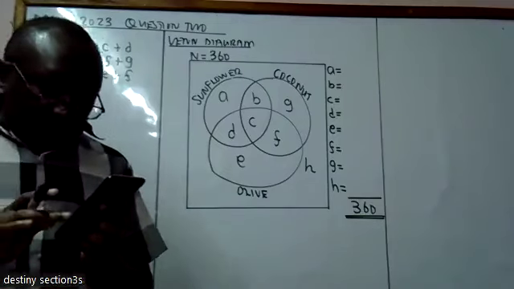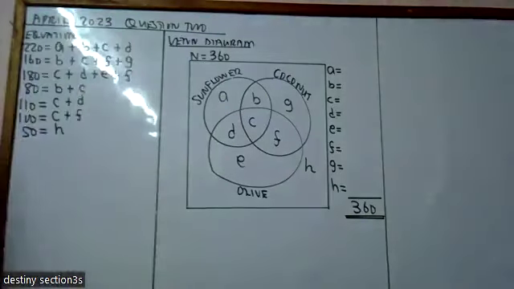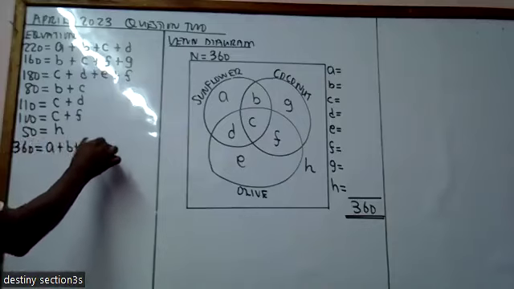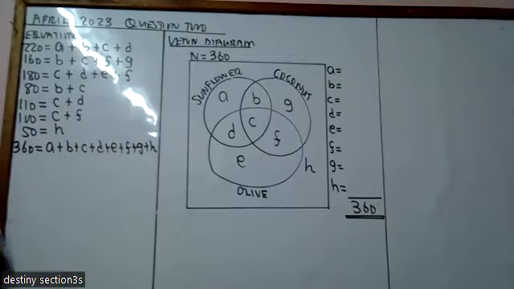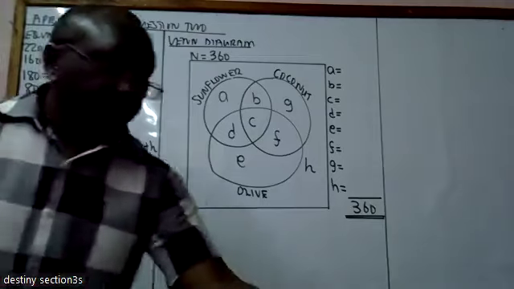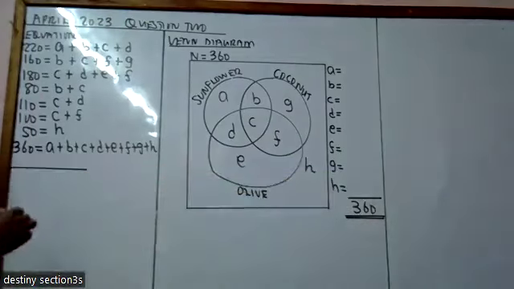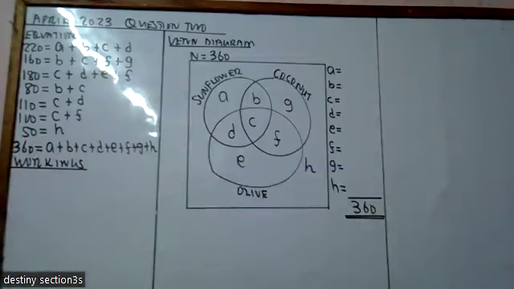So once you have fed the information to the equations, then you also require to have the whole equation, which you're going to say 360 is equal to A plus B plus C plus D plus E plus F plus G plus H. So from there now you start the workings.